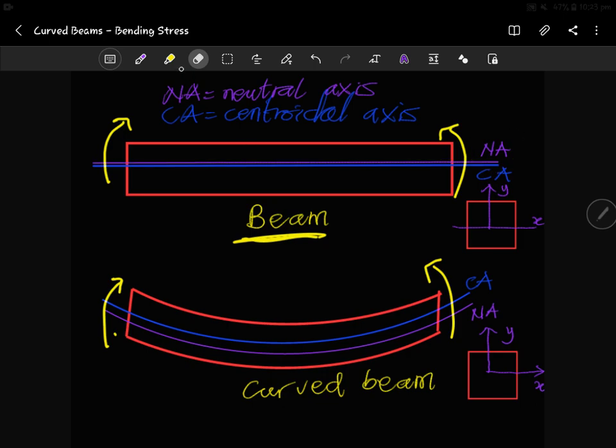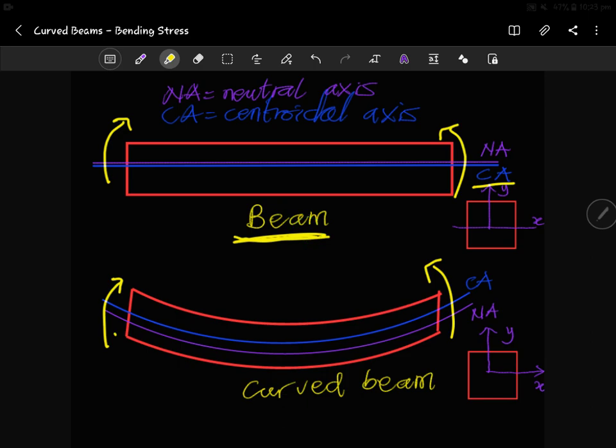But the centroidal axis is just saying that, per the coordinate system, that is the center of the beam. With this straight beam, since it is a rectangular section, this point here is the centroidal axis with respect to the coordinate system given.